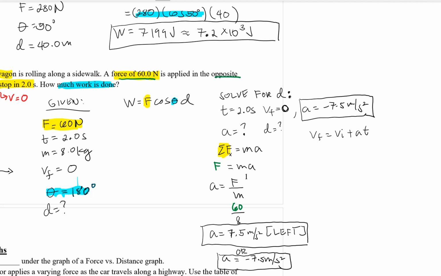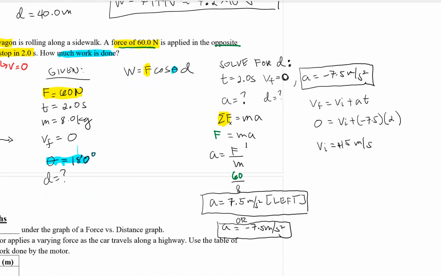In this particular equation, you can get the initial velocity of the object, because this is 0, VI plus negative 7.5 times 2, so the initial velocity should be equal to positive 15 meters per second.